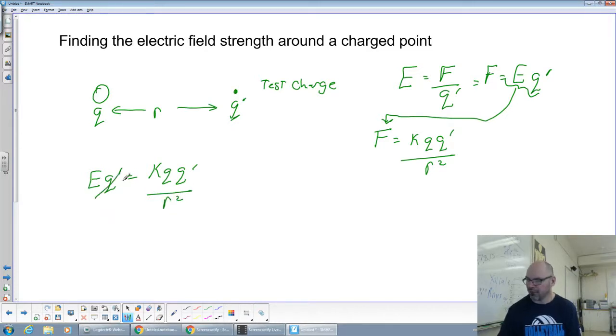Okay, and this cancels out, and we have an expression. It doesn't matter what the field strength is, right? And we have an equation for electric fields around a charged point.